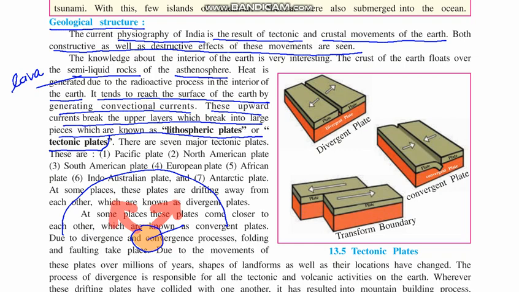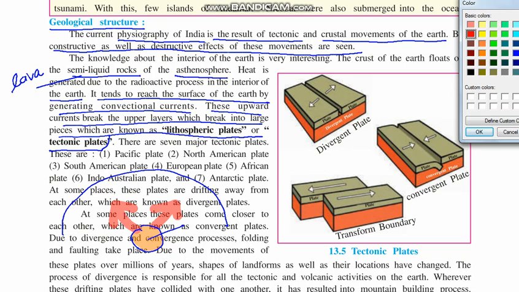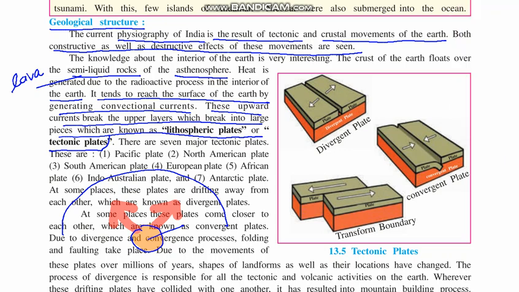Due to this heat, what happens is the outer surface of the earth is solid, while inside it is liquid.